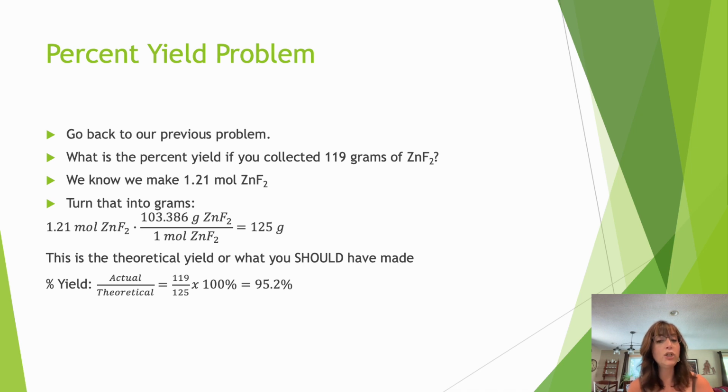In other words, we should have made 125 grams. But we only made 119, or we only collected 119. Could be because of faulty experimental procedure. Who knows? So all you do is take what you got, 119, divided by what you should have gotten, 125, times it by 100, and you get 95.2%.